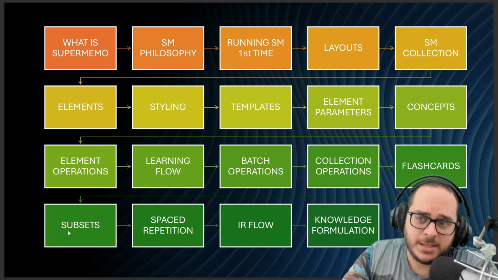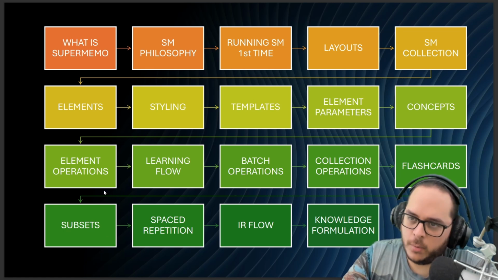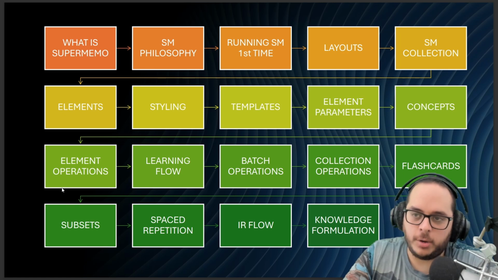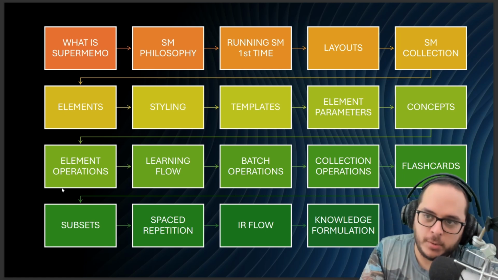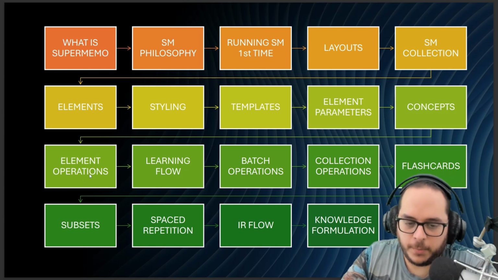Then subsets, or subset review, subset learning. This is particularly interesting for incremental reading and most of the flows. Rather than saying you can do this, you can do that, it's: let me use one genuine case and show what's the flow.